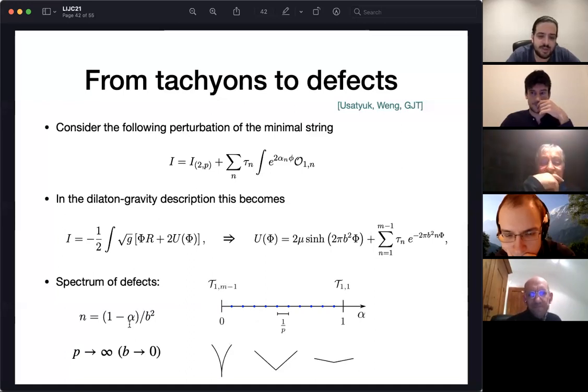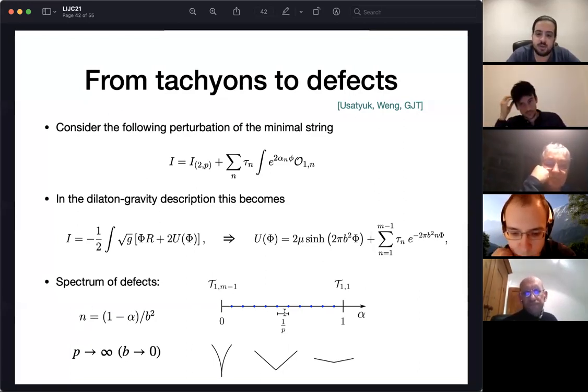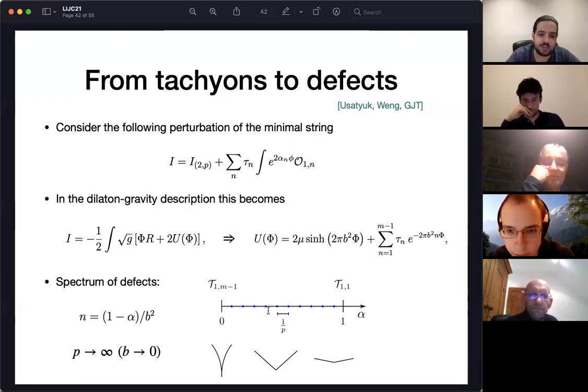So at finite p, because this n is integer, you have a discrete set of angles, alpha, that are separated roughly by 1 over p, because b squared is 2 over p. This whole thing has to be an integer, so there's a discrete set of alphas. But when you take p to infinity, this discrete set becomes continuous from 0 to 1.